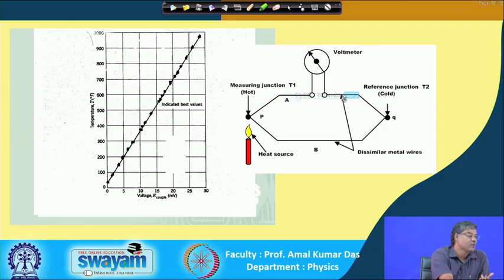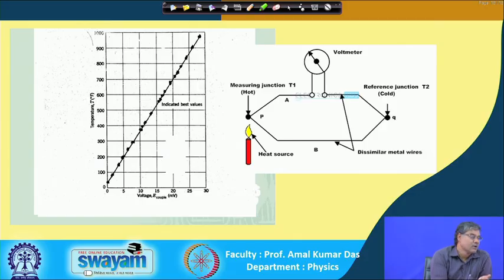If you put a voltmeter here, you can measure this thermo EMF. This is the principle of the thermocouple: thermo EMF is generated if there is a temperature difference between the two junctions. This property is used for making the thermometer.